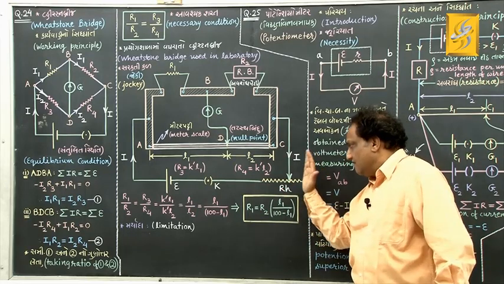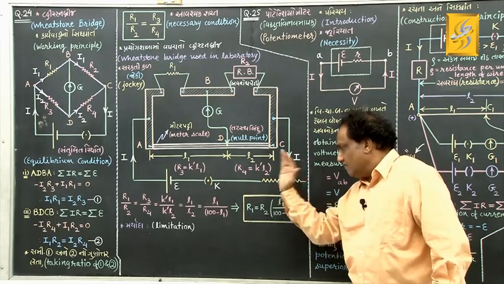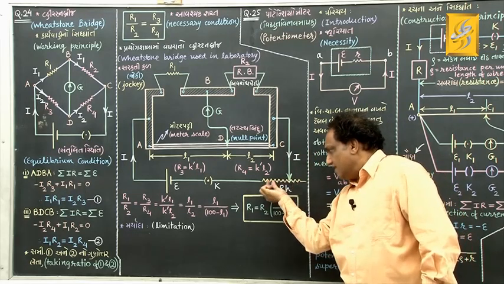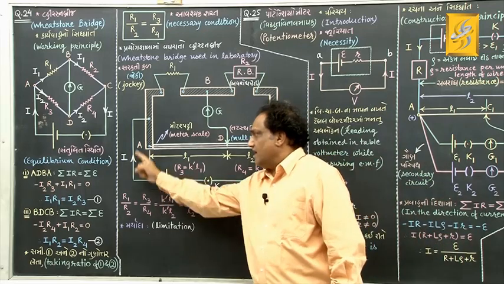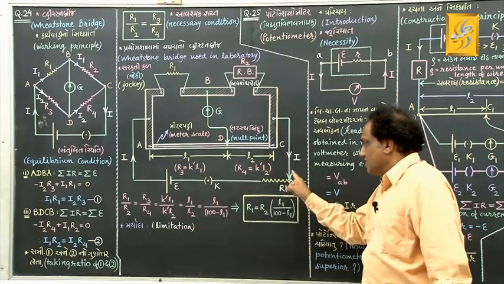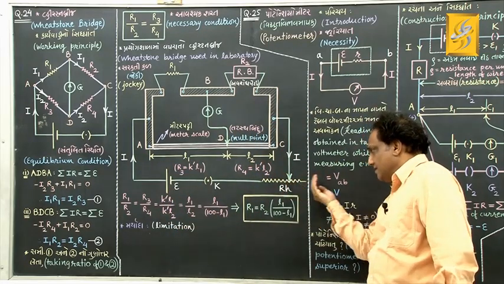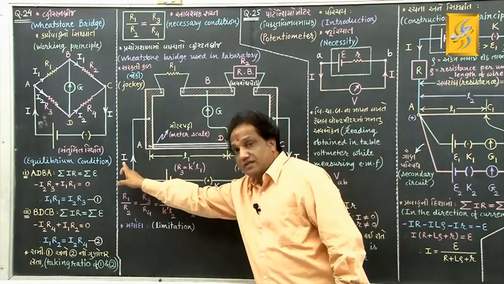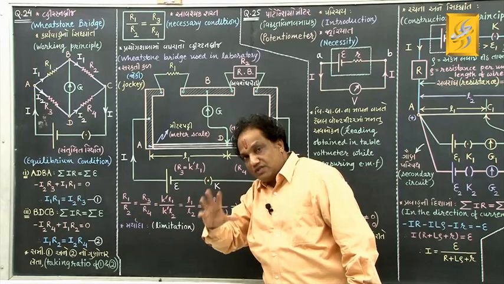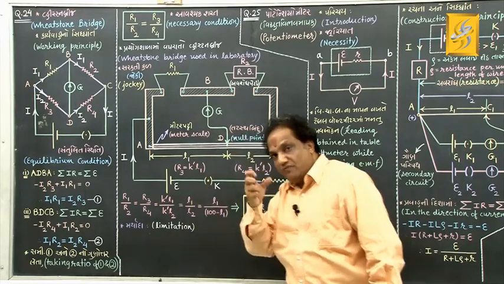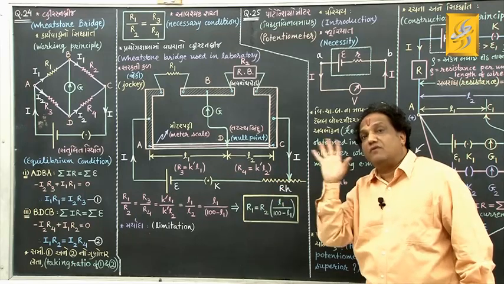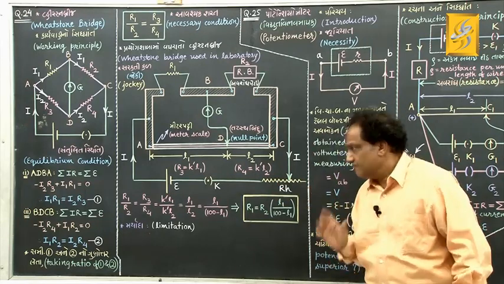If you slide it this way, the resistance will decrease and the current from the battery will increase. If you slide this variable terminal the other way, the resistance will increase and the current will decrease. So to change the current passing through the battery, we need a variable resistor, and here we have connected it in the form of a rheostat.